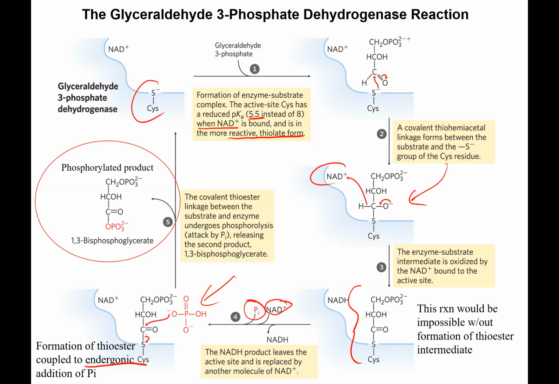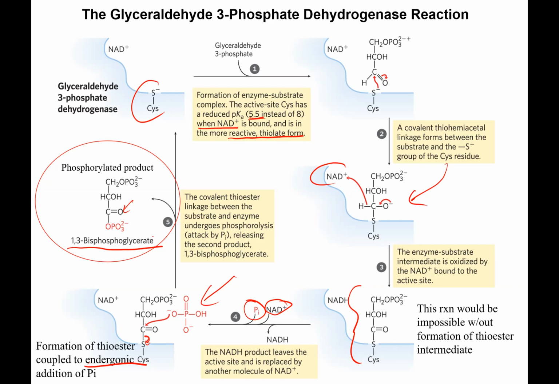So at this point, the cysteine is released. The phosphate gets added in. We maintain our carbonyl here. And we now have the molecule we intended to get, the 1,3-bisphosphoglycerate. Okay, so at this point, our enzyme is regenerated. It's ready for another round, and we're good.